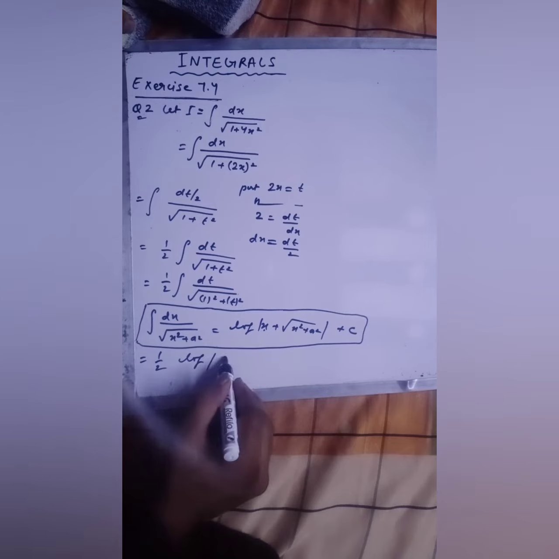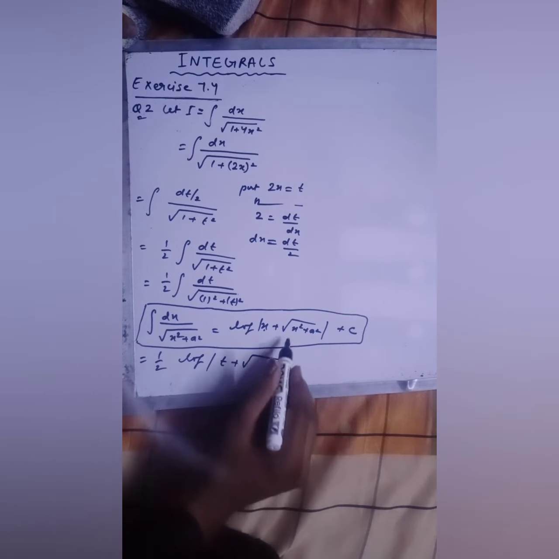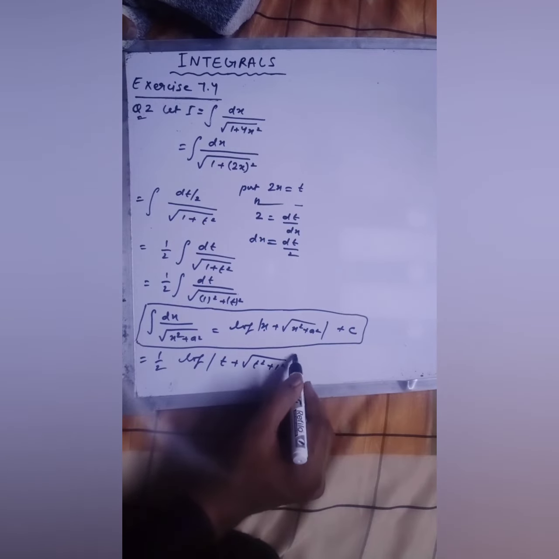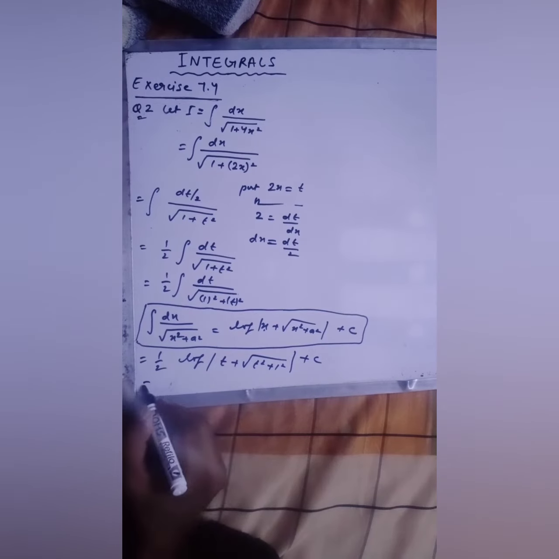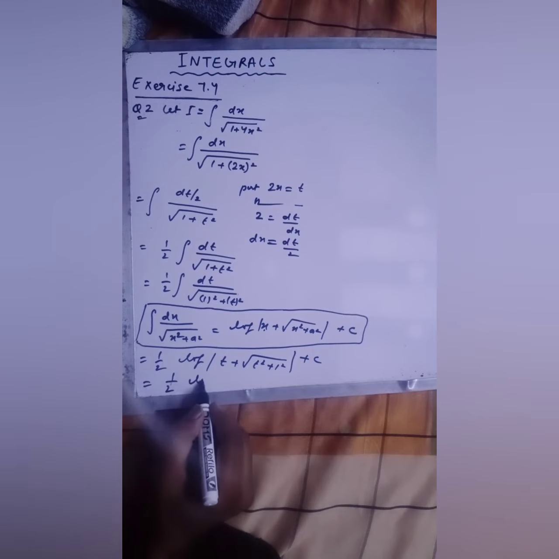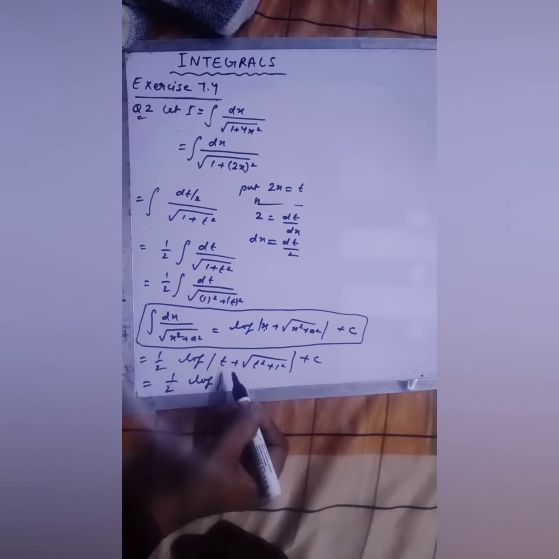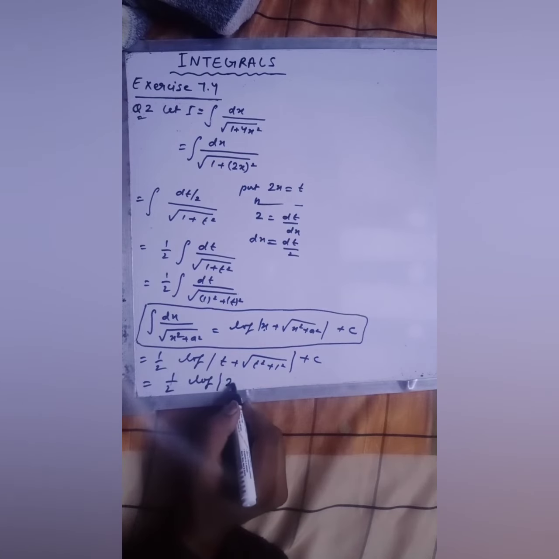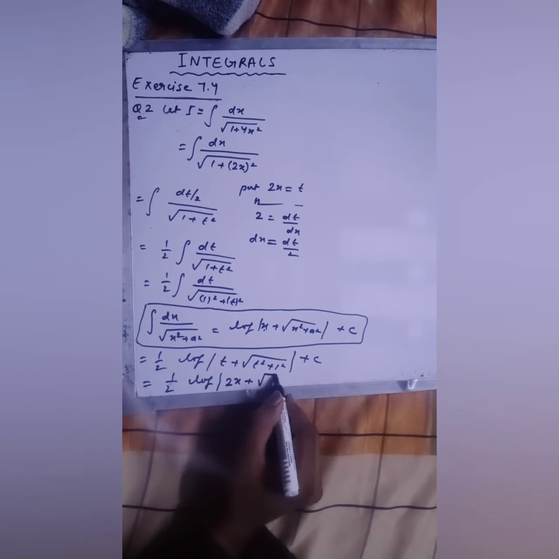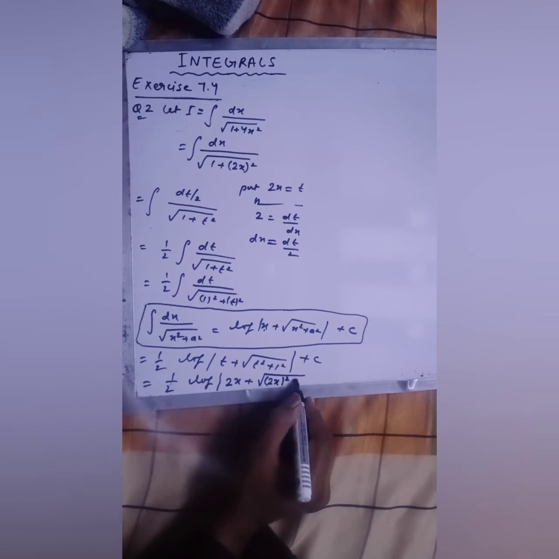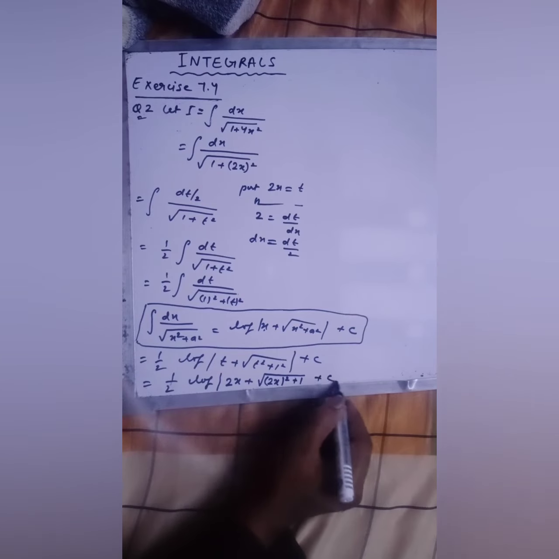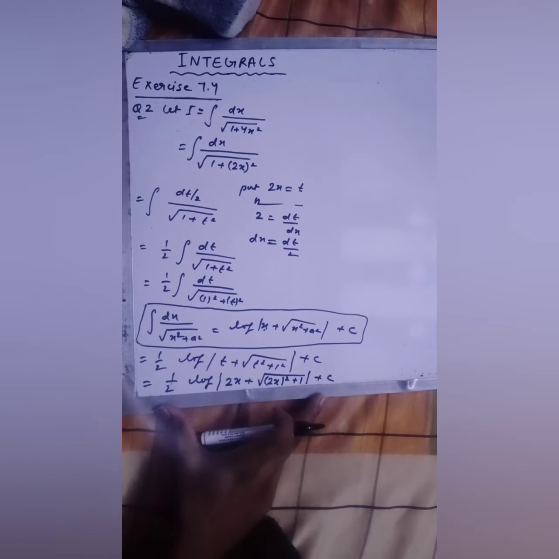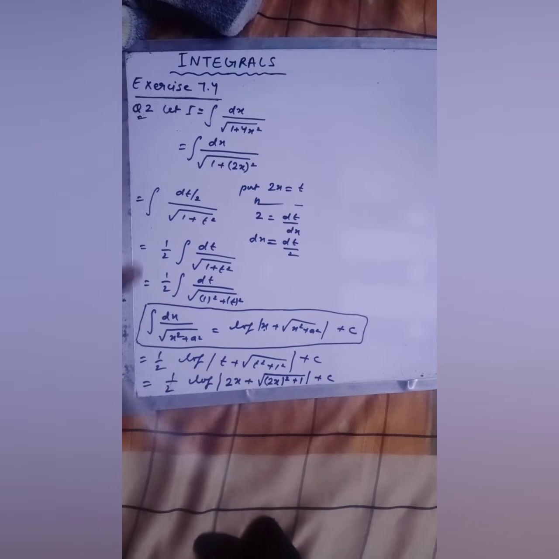So log t plus under root t square plus 1 square, plus c. Finally your answer would be 1 by 2 log mod of 2x plus under root 2x whole square plus 1, plus c. This is your final integral of this question.